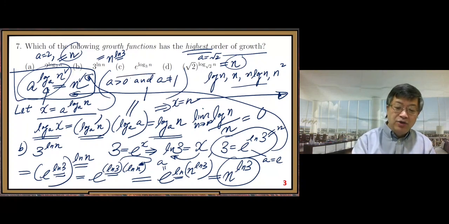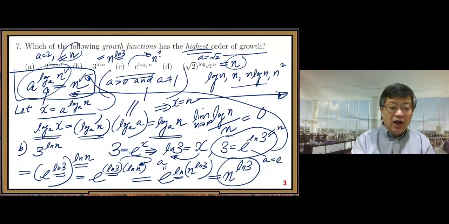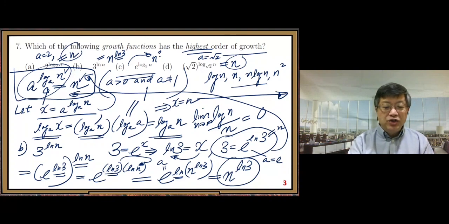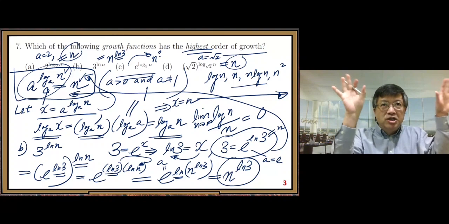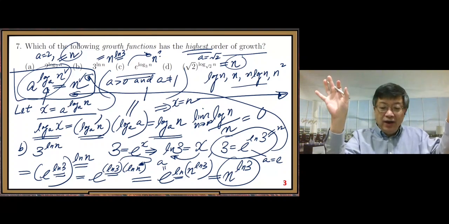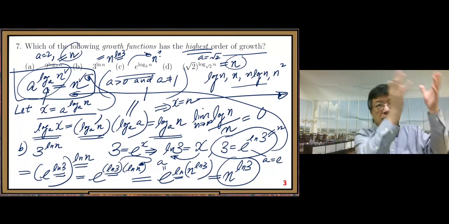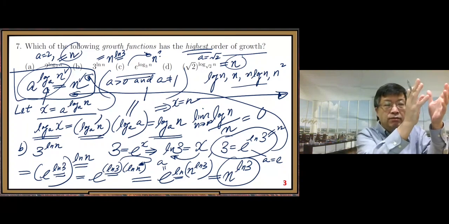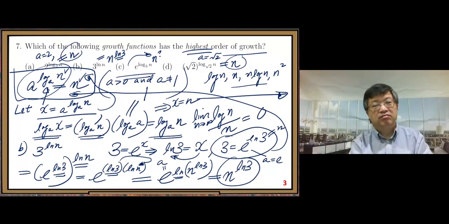Then option C, can you do a similar thing for this option? n to some number. After that, because all 4 expressions use the same base n and their exponents are different, we want to get the highest order, so we take the largest exponent among the 4 options.